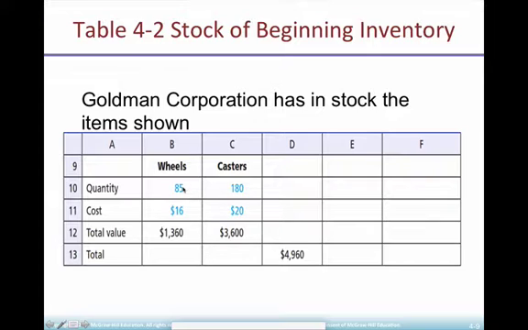And total cost for wheels beginning inventory, number of units times cost per unit, equals value. And for the second good, the same. I have beginning inventory 180 units times cost per unit 20. It cost me 3600. Total beginning inventory cost 4960.